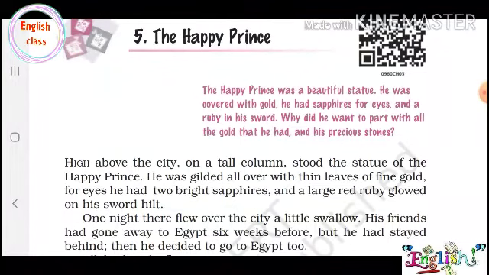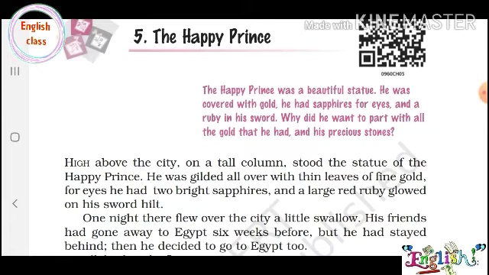Here column means a tall vertical post made of a stone. Gilded means covered with gold. And sapphires here, precious stones that are blue in color.